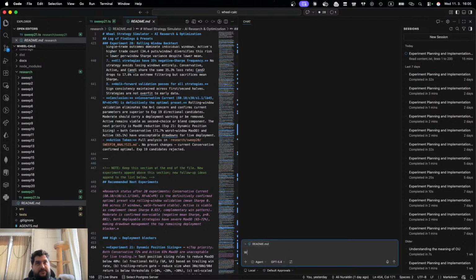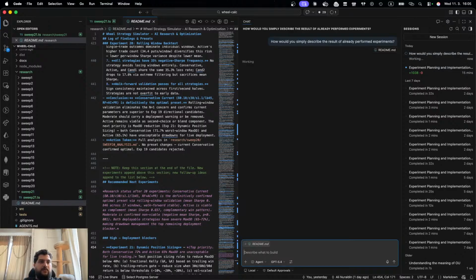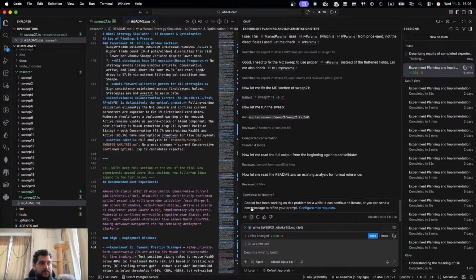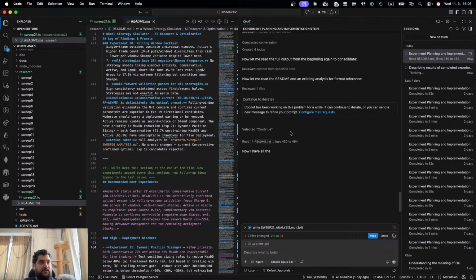Let's just start with simple stuff. How would you simply describe the result of already performed simulations or experiments? Yeah, let's take a look at this one. Oh, this asks permission to continue to iterate.